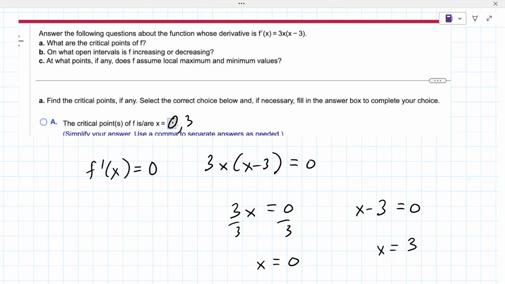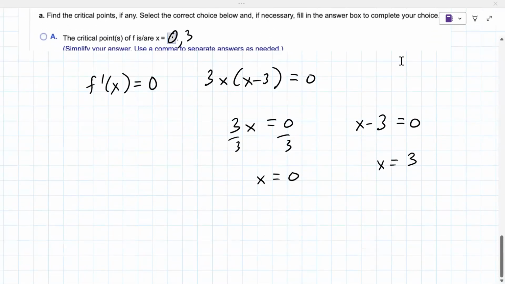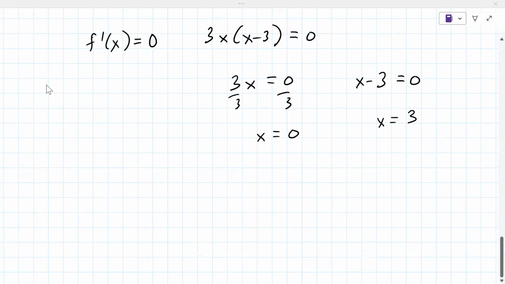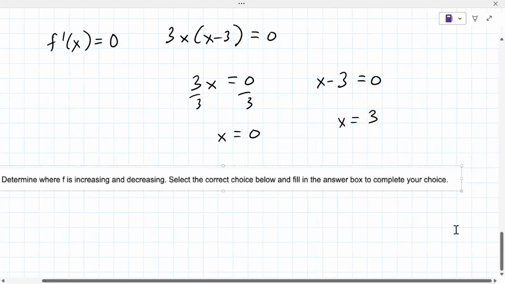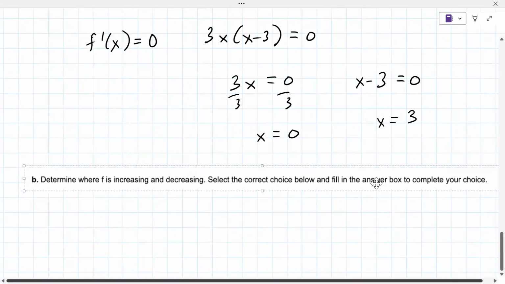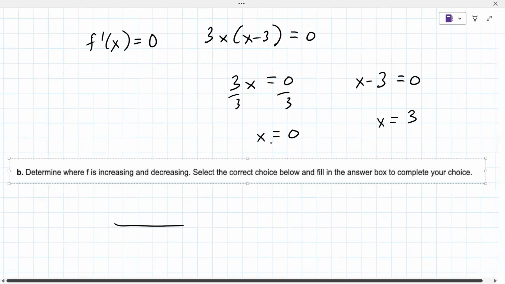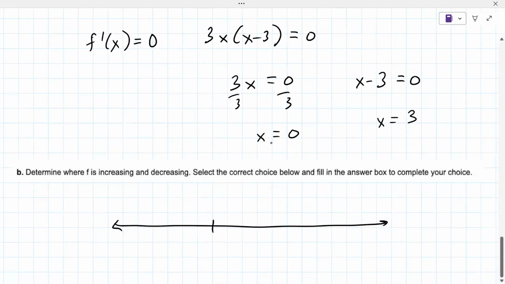All right. Determine where it's increasing or decreasing. So the way to do that in part B is you really need to look at what's called a sign chart. So you put the points 0 and 3 on a sign chart. That's the derivative.